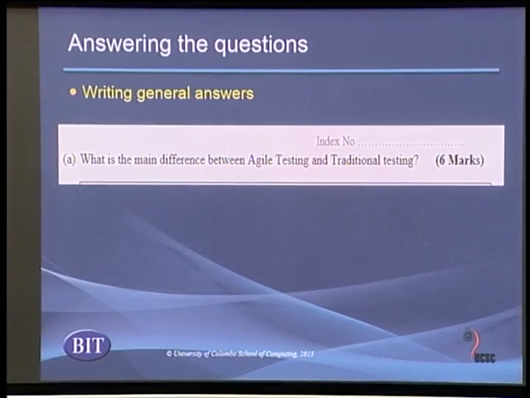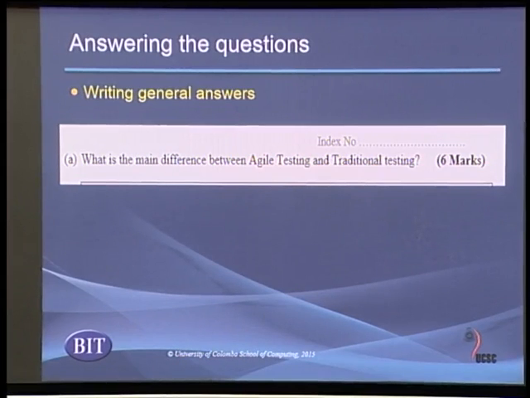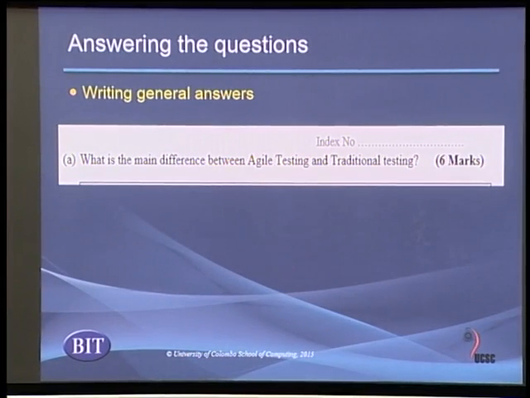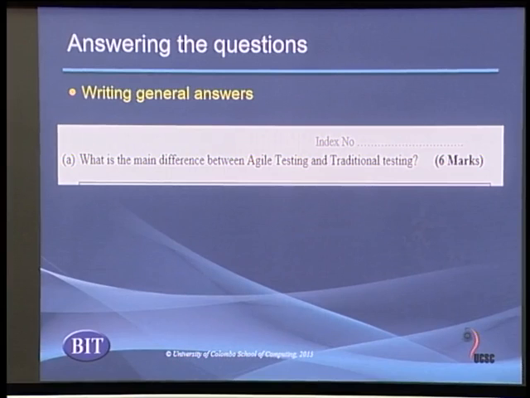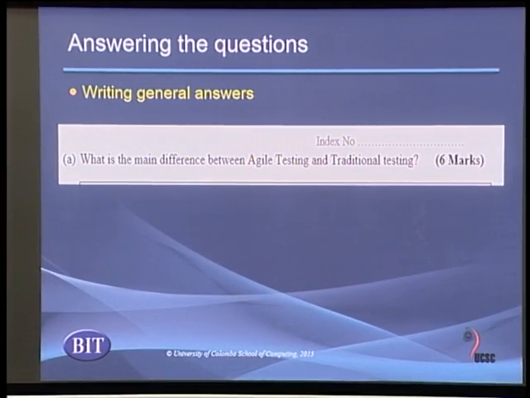Another example for writing general answers. The question is, what is the main difference between agile testing and traditional testing? The question is specific. You have to explain what agile testing and traditional testing is.